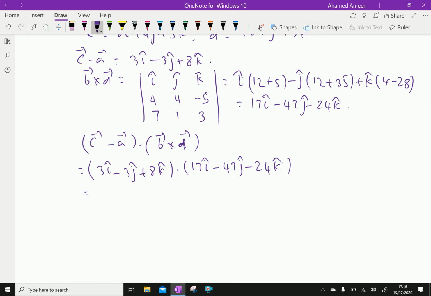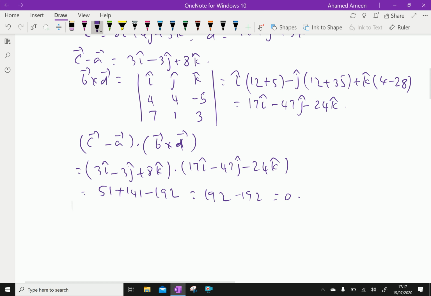So 3 into 17 is 51, minus 3 into minus 47 is plus 141, and 8 into 24 is minus 192. That is 51 plus 141 minus 192 equals 0.